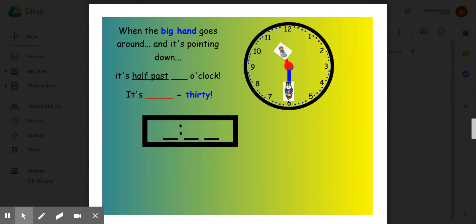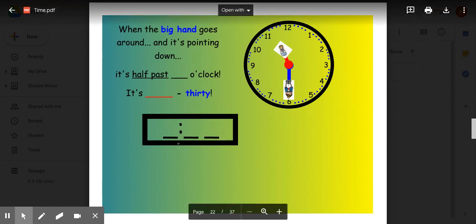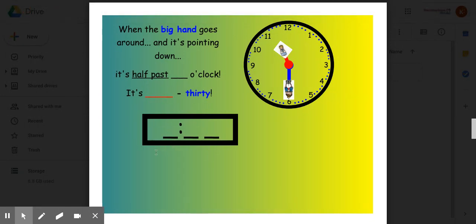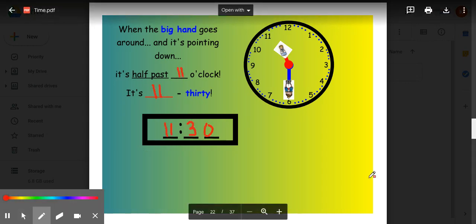All right, let's do another one. When I say pause, I want you to pause the video and write in digitally what time the analog clock shows. Ready? Pause. All right, if your digital clock looks like mine, you are correct. The hour hand is pointing to the 11, so I know the hour is 11.